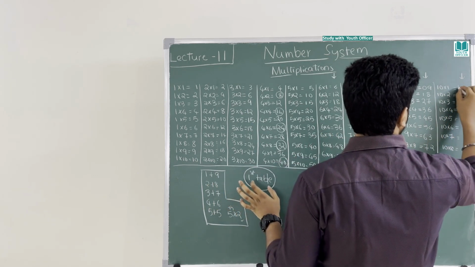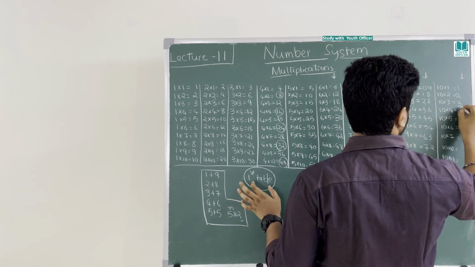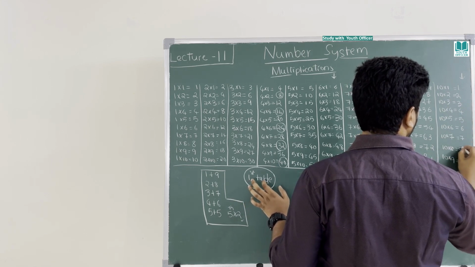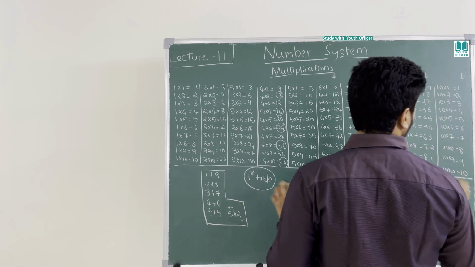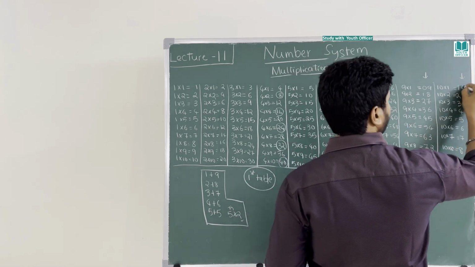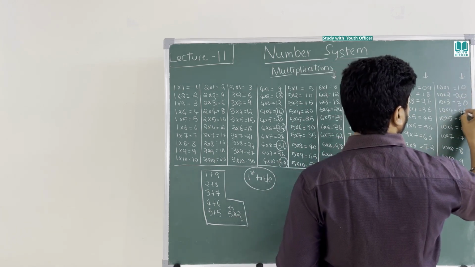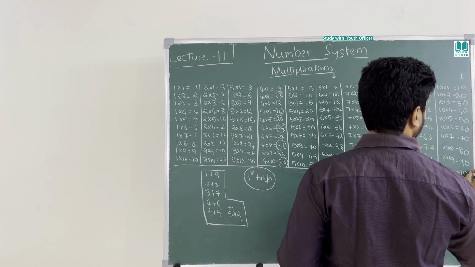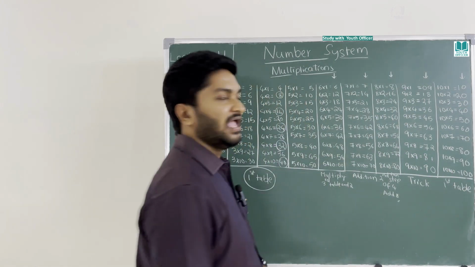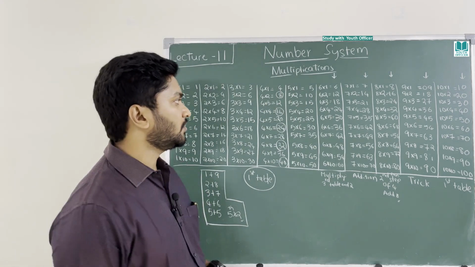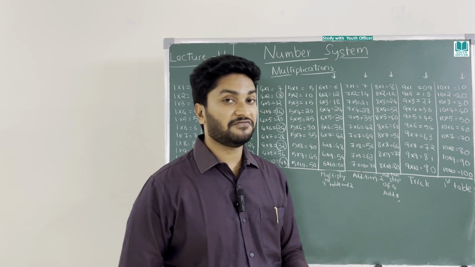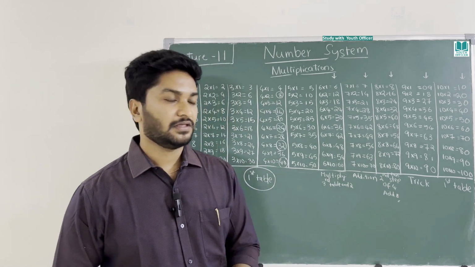Just I write the first table answer here, and you just add 0 to this. Easy, right? So this is how you do calculation. These 5 I told, different 5 methods.